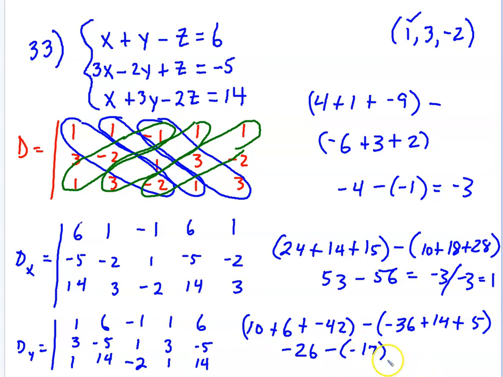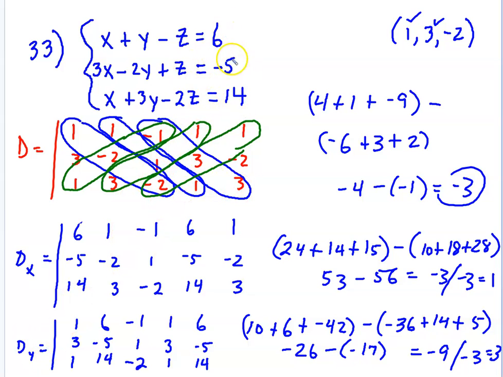So it looks like that's going to be negative 26 plus 17, which is negative 9. And then once again, make sure you go back and divide by the original coefficient determinant. That's negative 3. Negative 9 divided by negative 3 is 3. So that checks out.